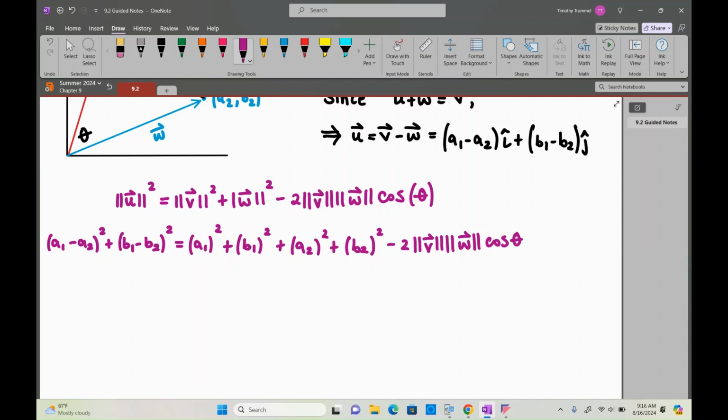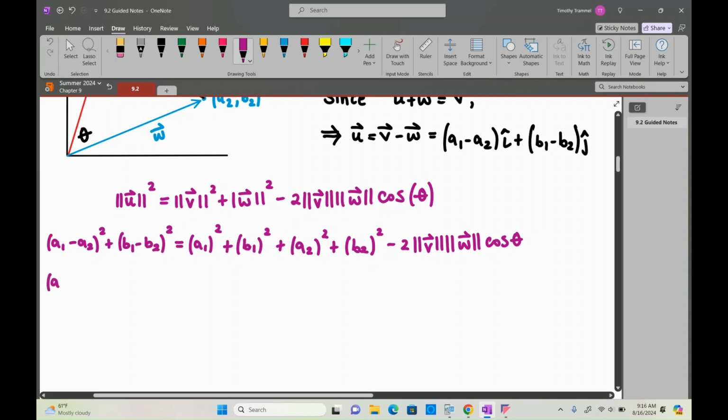So let's do that. We'll have our a1 squared, minus 2 a1 a2, plus a2 squared, and then plus b1 squared, minus 2 b1 b2, plus b2 squared.